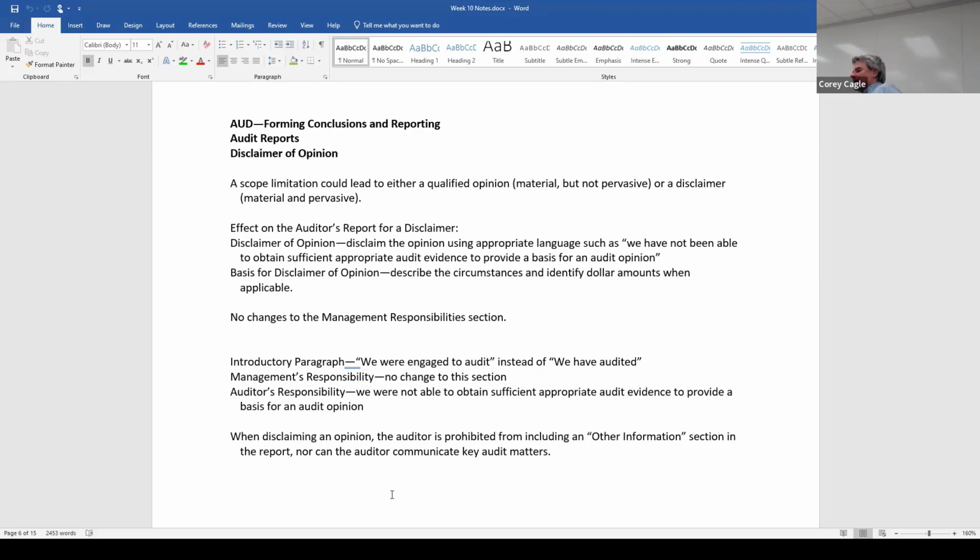In the unmodified one, we say we believe that the audit evidence we have obtained is sufficient and appropriate to provide a basis for our audit opinion. Here, we say that we have not been able to obtain sufficient appropriate audit evidence. And then we'll describe circumstances and identify dollar amounts when we can.